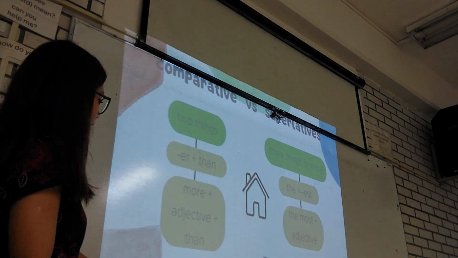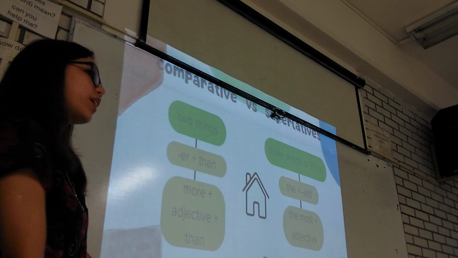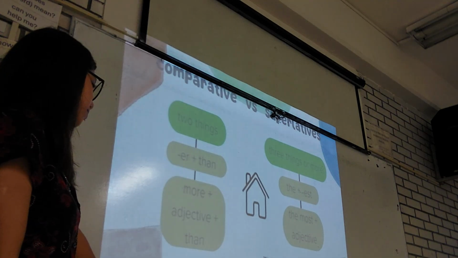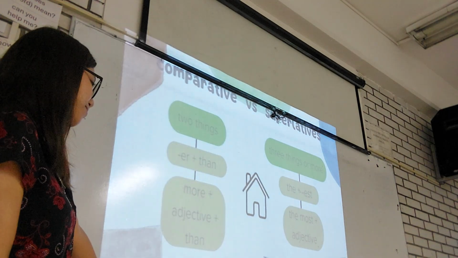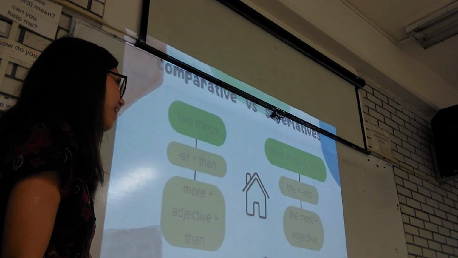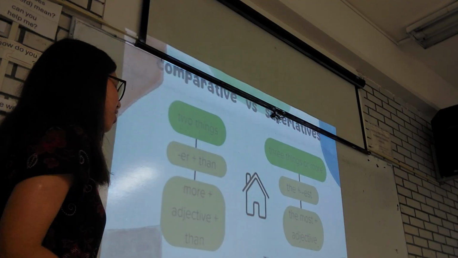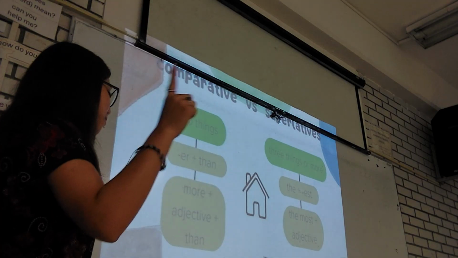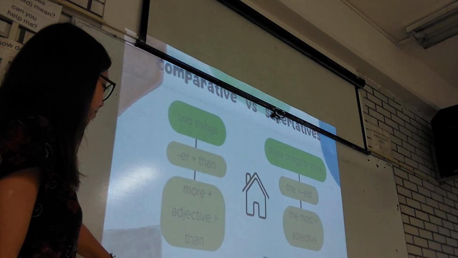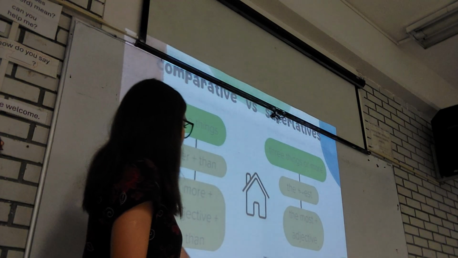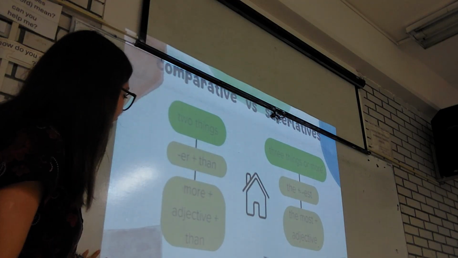So here I have an example. Can you read it for me? My house is bigger than yours. Another time, but all together. 1, 2, 3. My house is bigger than yours. Okay.